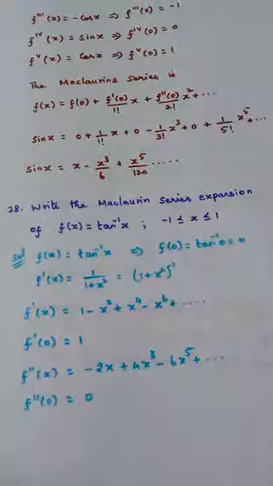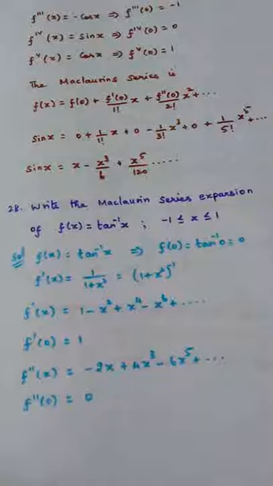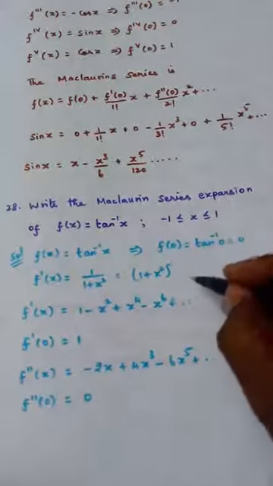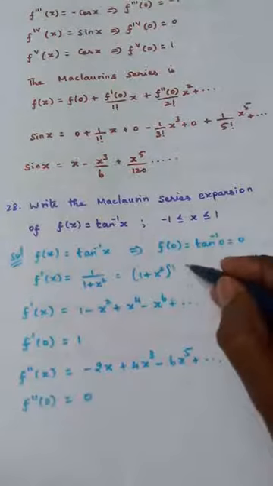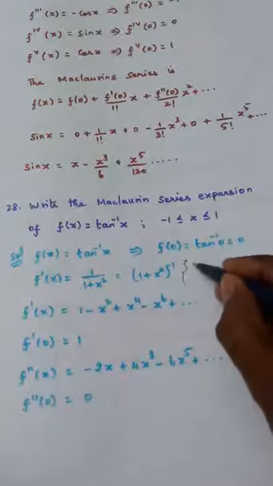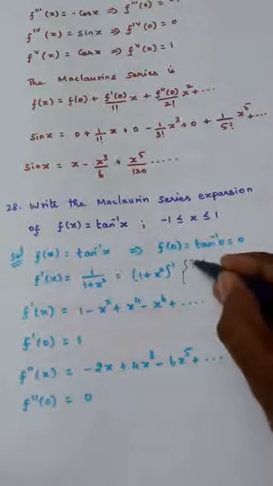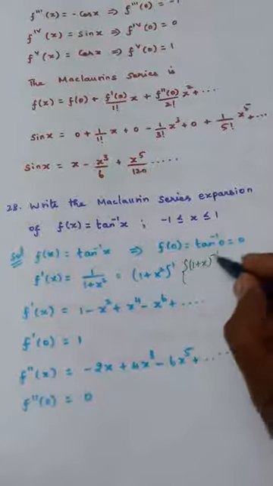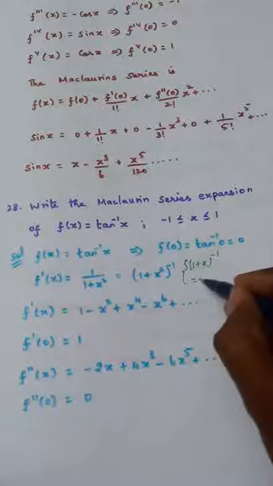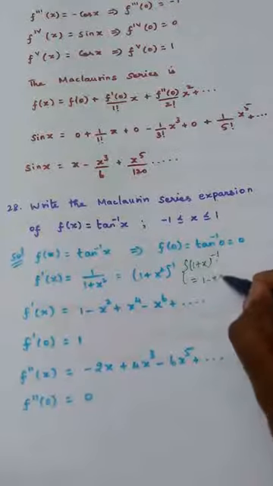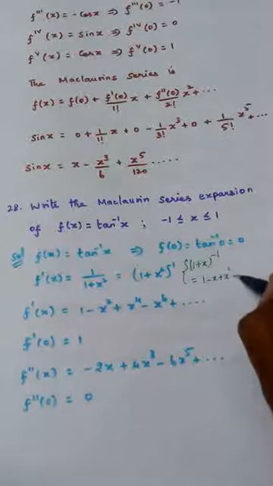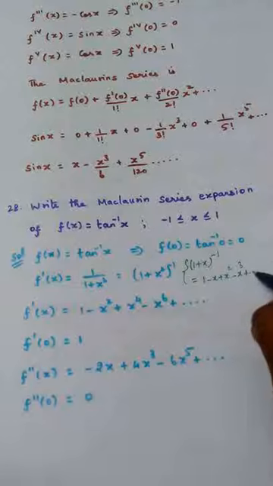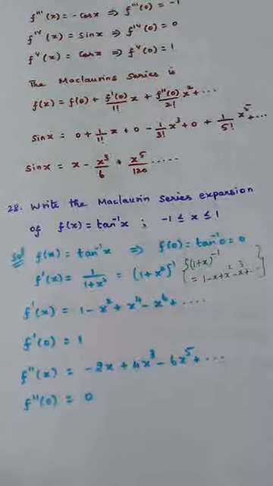Now I am going to write one formula which we have studied in our previous classes. 1 plus x whole power minus 1. In the binomial theorem, many results we have studied, and this is one of them. The expansion is 1 minus x plus x square minus x cube, and it keeps on going.